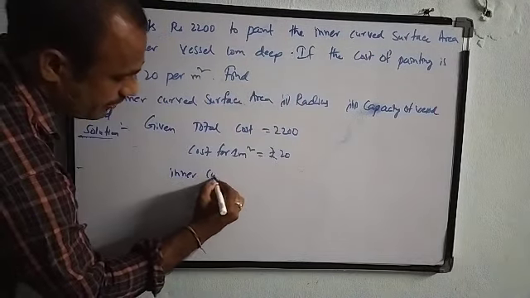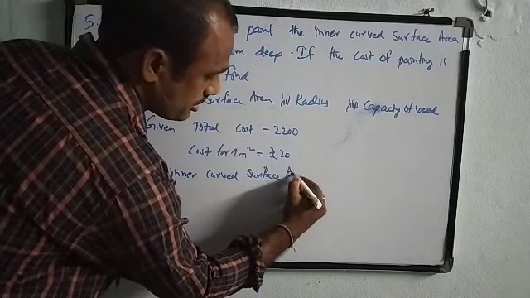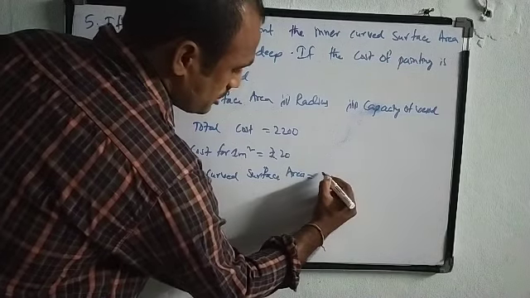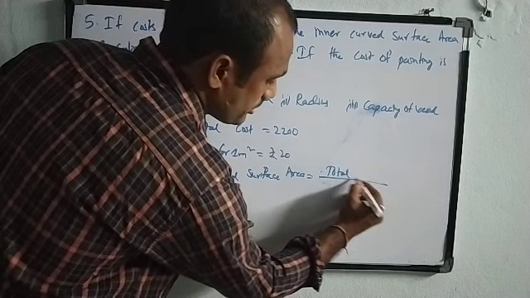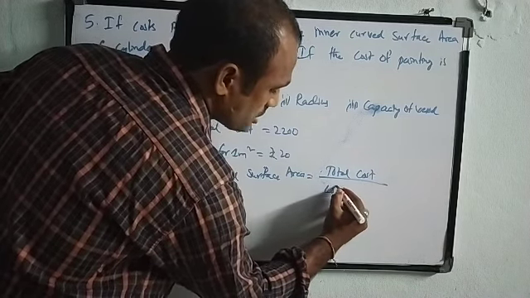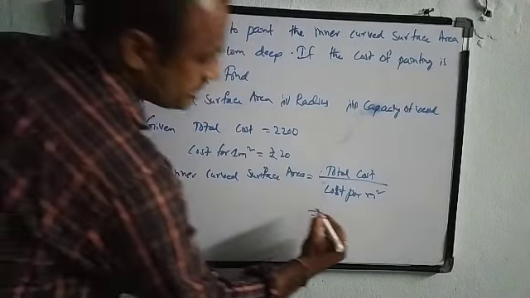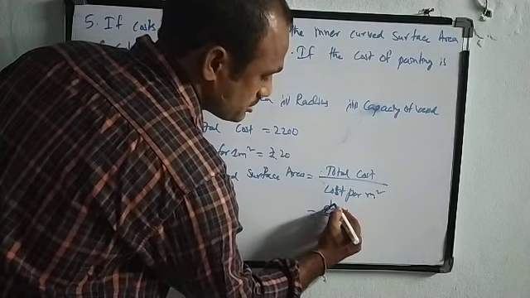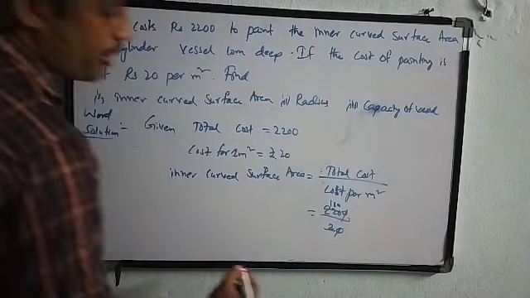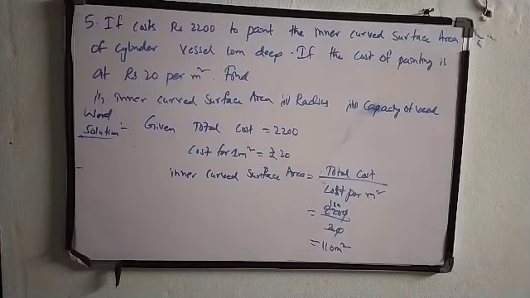So inner curved surface area is equal to total cost divided by cost per meter square. So total cost here it is 2200 divided by 20. So it is 110. So 110 meter square is our inner curved surface area. But we have the formula.